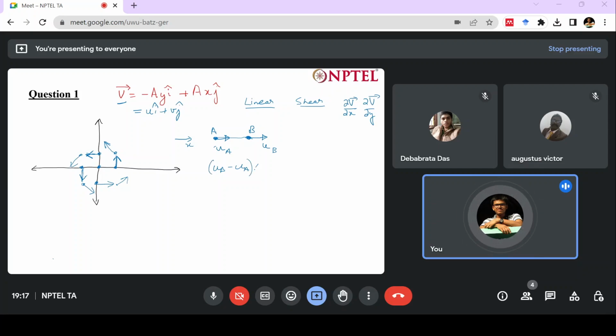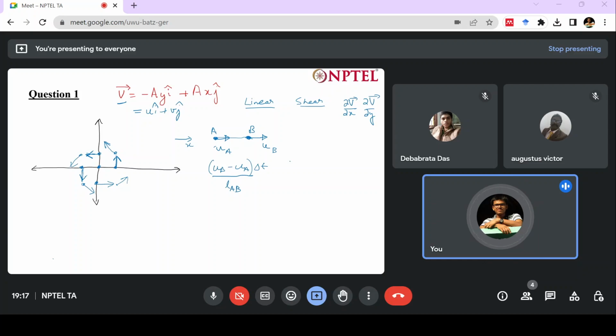So if I multiply by delta t, this will be the change in length. If I want to find out the strain of this particular element, I will divide it by the length AB.